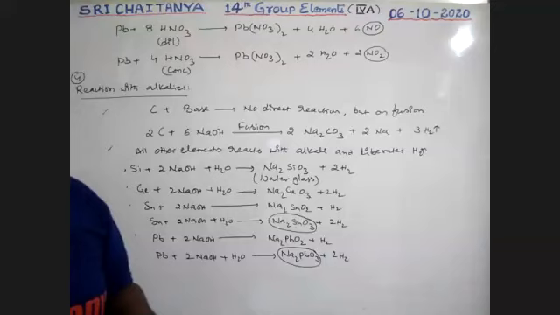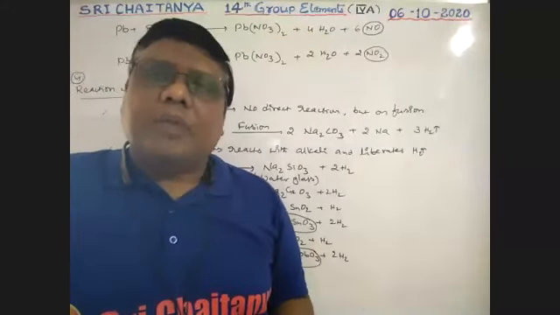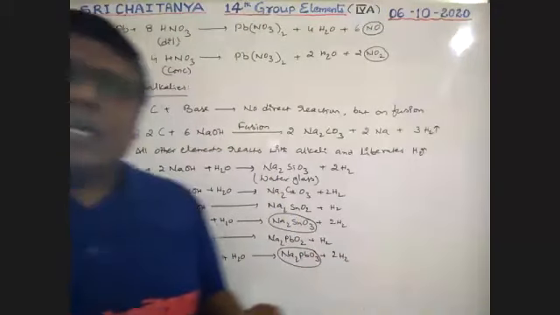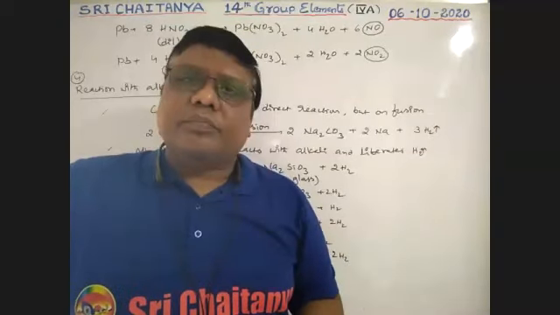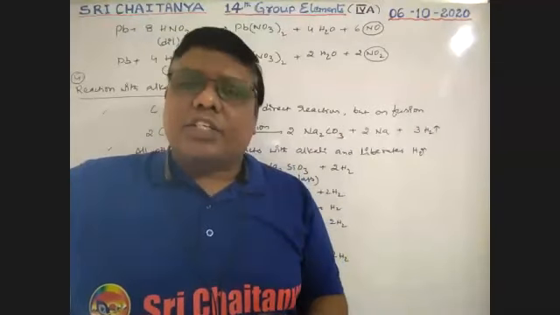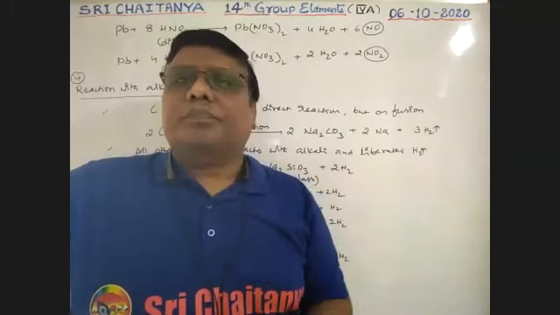Next subheading, action of alkalis, reaction with alkalis. What is an alkali? Water-soluble bases, just like our NaOH. Our elements are carbon, silicon, germanium, tin, lead. Carbon, direct reaction with NaOH is not possible.